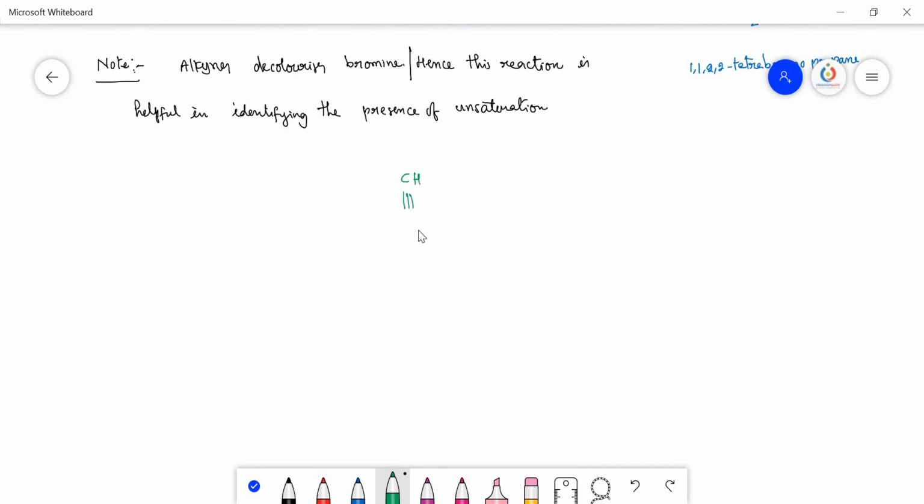CH triple bond CH. I am taking ethyne, acetylene, because this reaction has been asked many times: ethyne on reaction with the liquid bromine. They mention it like this, and on the other side they have mentioned bromine water.